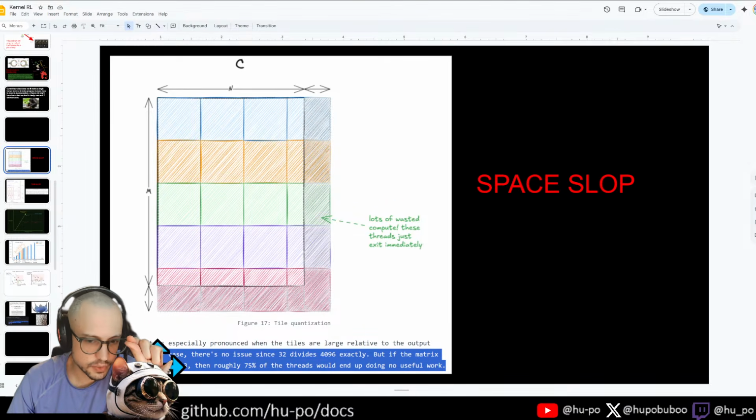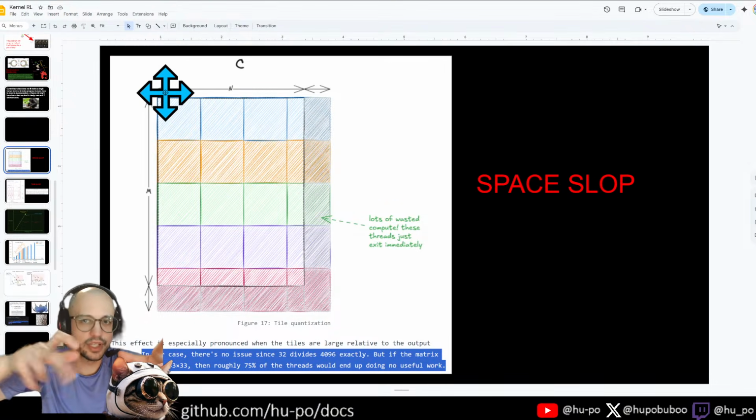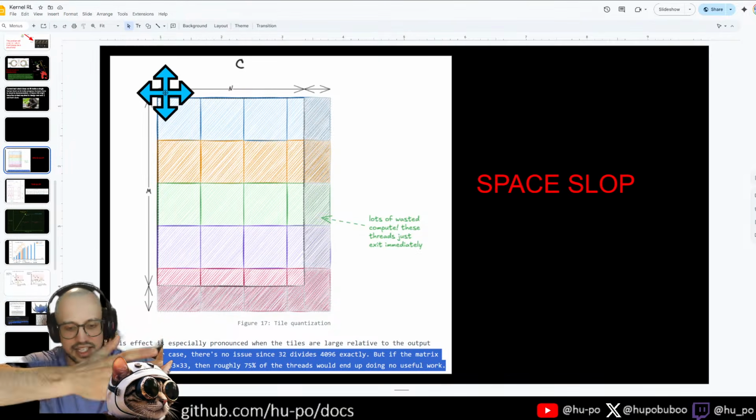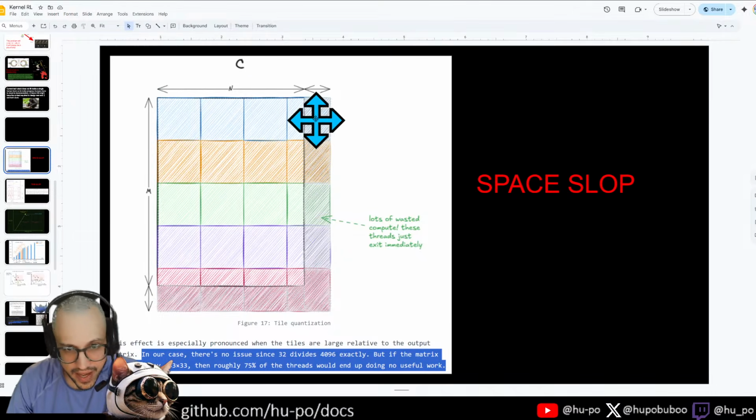If the matrix size was 33 by 33, then roughly 75% of the threads would end up doing no useful work, right? So he calls this tile quantization, but basically it's when the size of the memory and the tensor, right, those have some limited size depending on the hardware. When those just happen to not line up with the data that you're feeding in, then you have this kind of space slop, right, which is wasted compute.